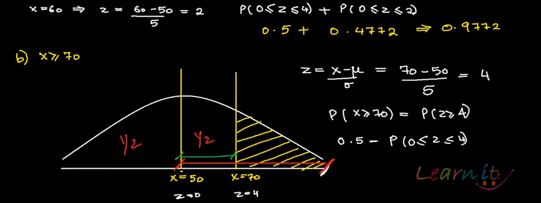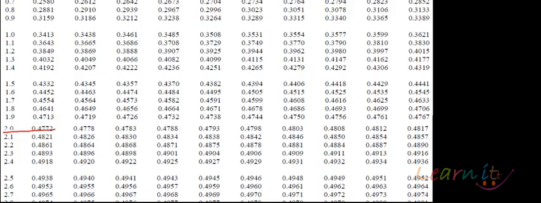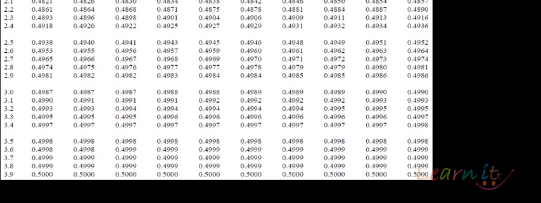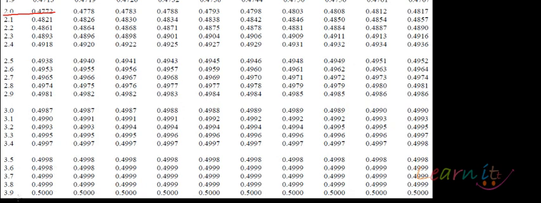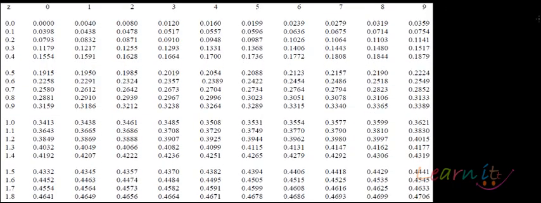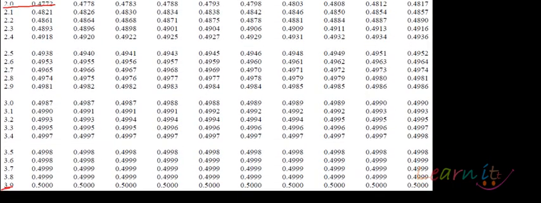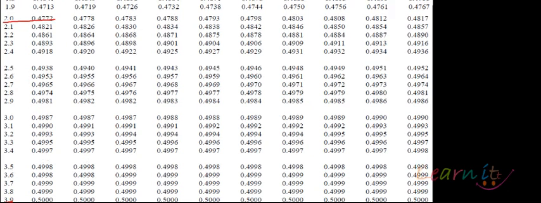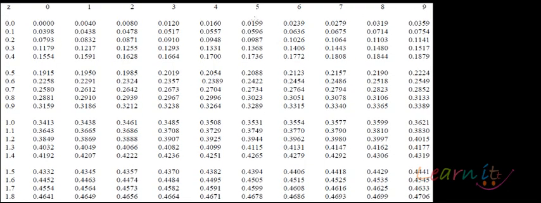But in case if you find out here, you'll find out that the probability that it will lie between 0 to 4 is 0.5, 3.9, even 3.99. Okay, 3.99 here, which is this point. See, if I want to find out 3.90, then I'll see this 3.9 from this column and the second decimal place from this.